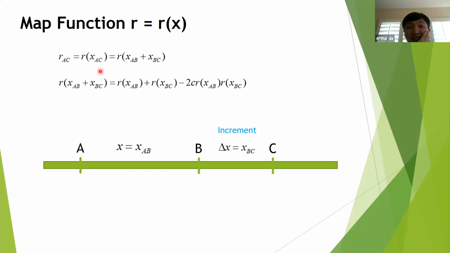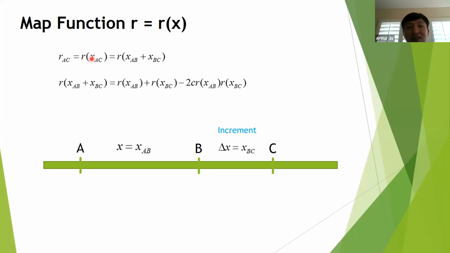What is XAC? Here I want to make it super clear. The XAC represents the additive genetic distance measure, which is the number of crossing overs. R is the recombination frequency function. If you take the additive genetic distance in terms of crossing over as a variable and put it into this function, we can rewrite it like this.